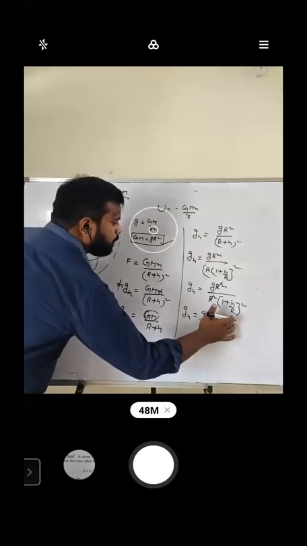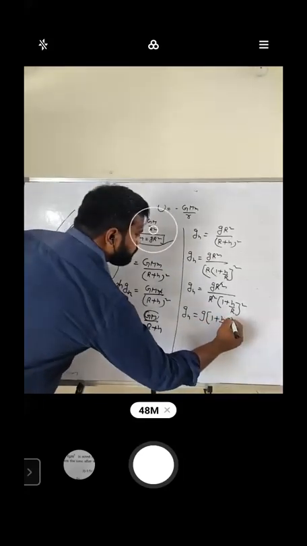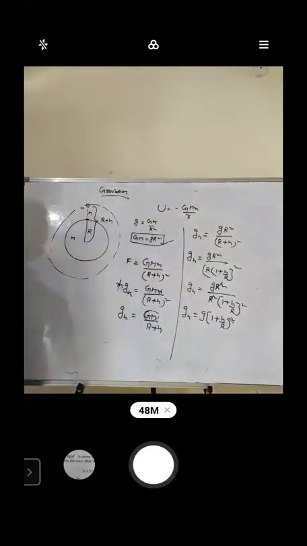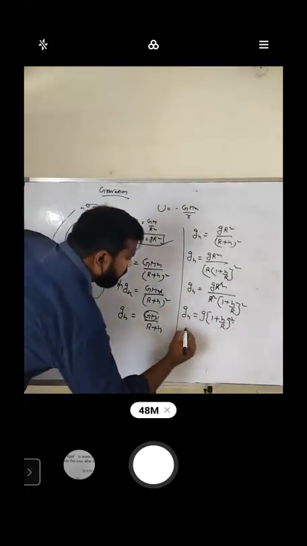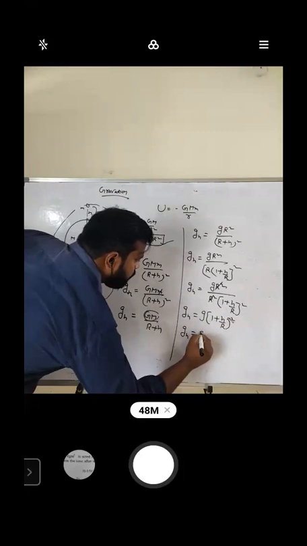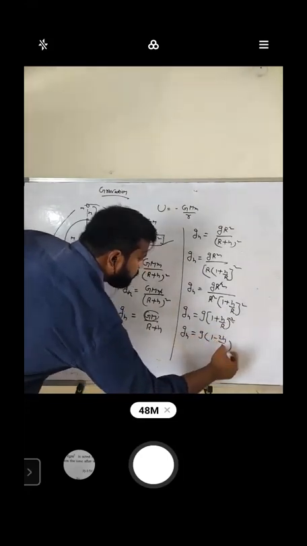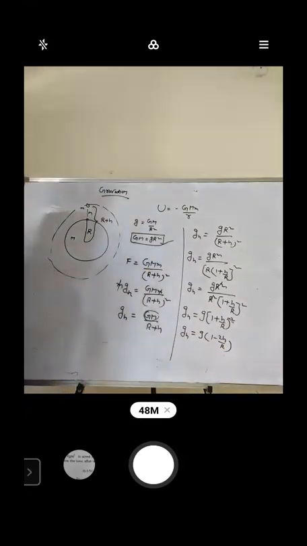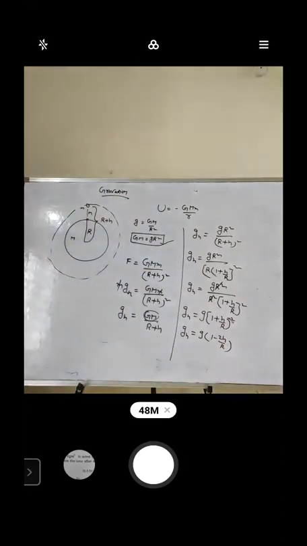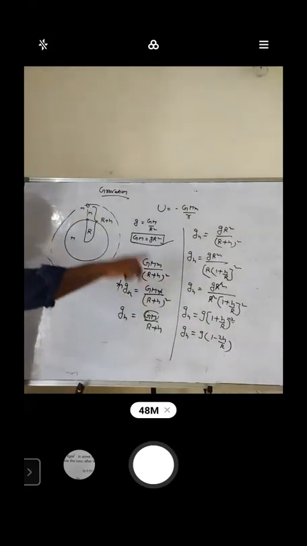When you apply the binomial expansion, you get the final equation: g h equals g into 1 minus 2h by R. Is it clear? Do you have any doubts? This is the acceleration due to gravity when the object is at a certain height, altitude. Is it clear? Any doubts?